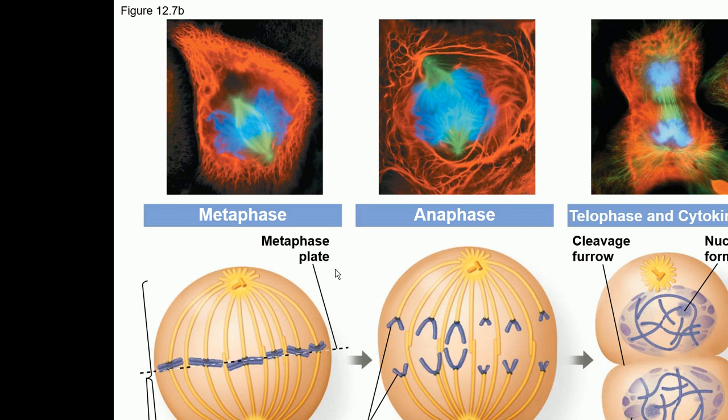And in the anaphase, it is the separation of the sister chromatids. All the 46 duplicated chromosomes will have sister chromatids.